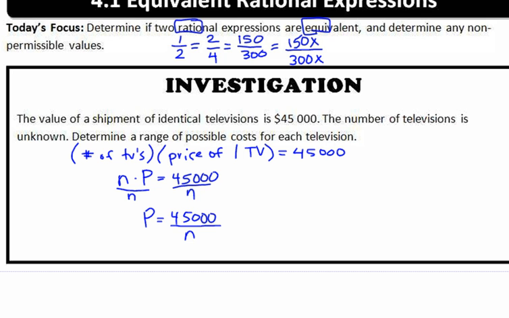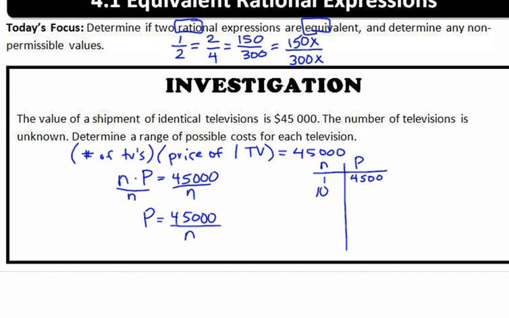Can you have 0 TVs? No. You have to have a minimum of 1. So if we had 1 TV, then what would be the price? $45,000. Okay, what if there were 10 TVs?